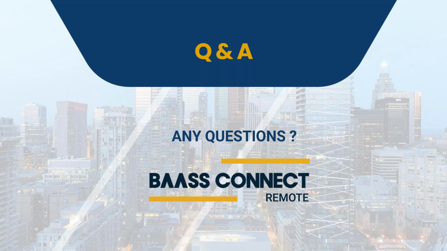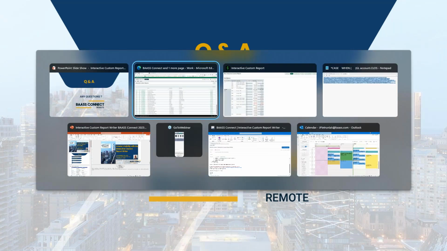Perfect. Next question. Can I create pivot table reports? Yes, you can. Starting from that table that we created, you could always create another pivot table. It is quite easy to do.